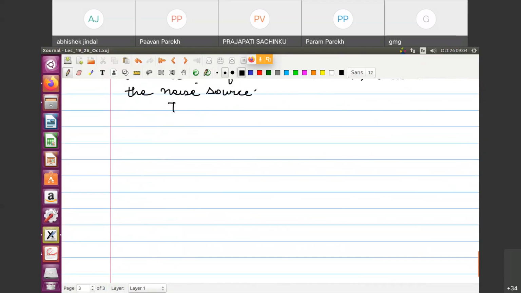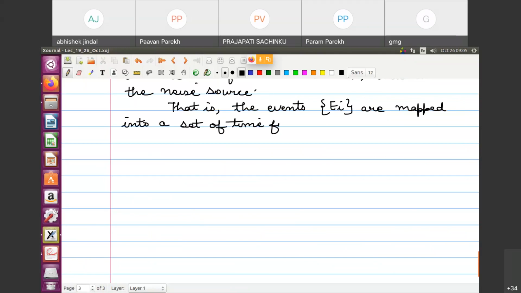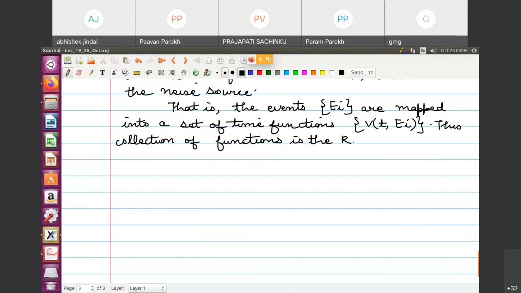Now let me write the important thing: the events E of i are mapped into a set of time functions, and this collection of functions is the random process V of t.